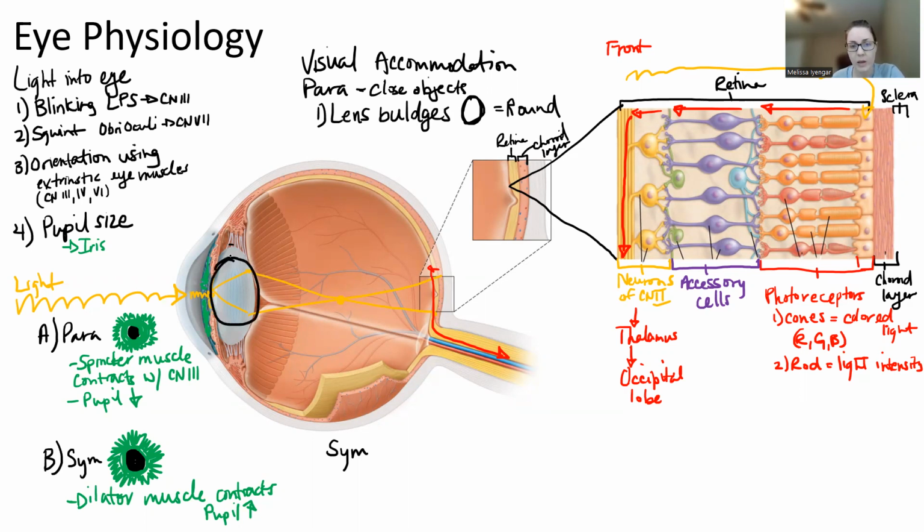So if our lens has to get round, then that means these suspensory ligaments have to slacken. And if the suspensory ligaments have to slacken, essentially what we're going to see is our ciliary muscle has to get pushed forward, right? So this means our ciliary muscle actually contracts. I know that's really hard to think about, but in this case, relaxation causes contraction.